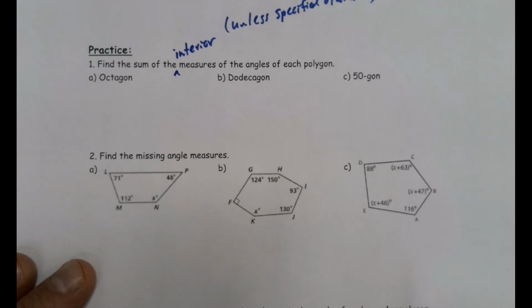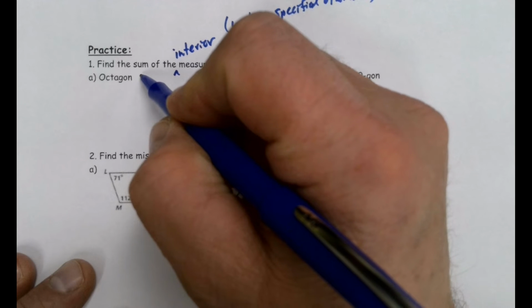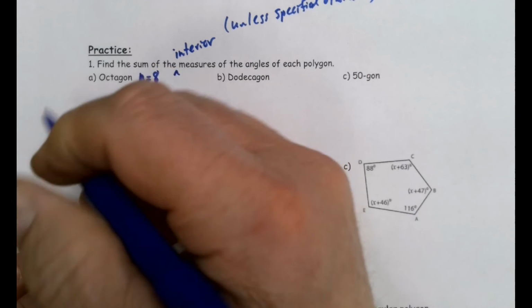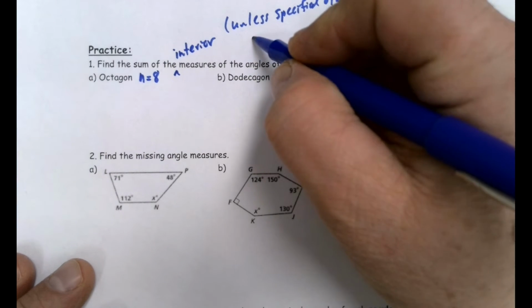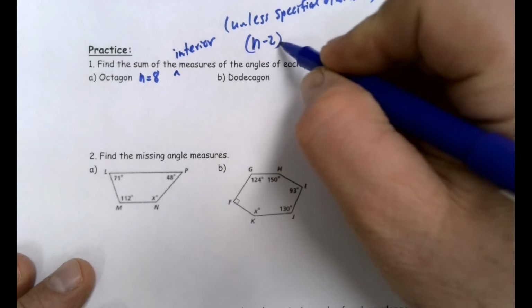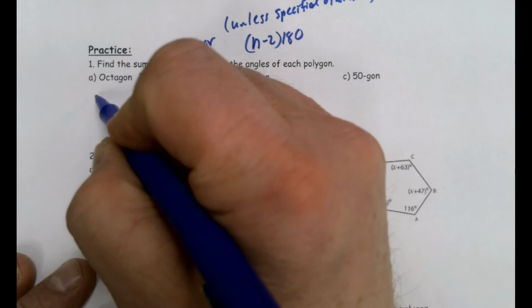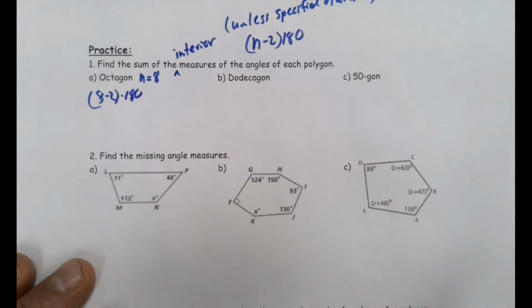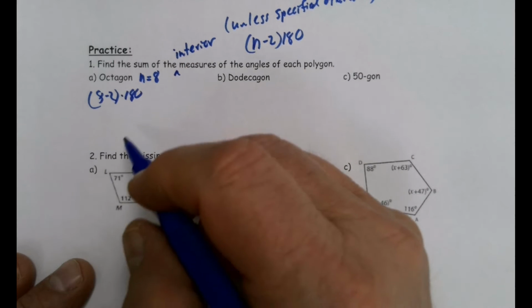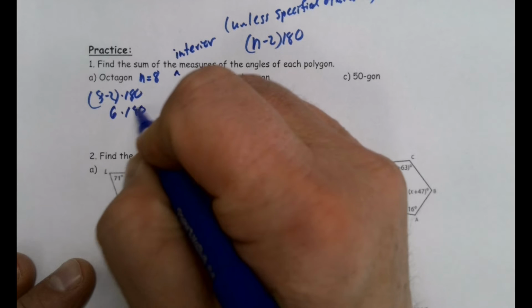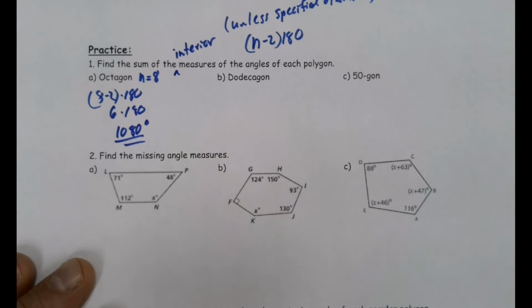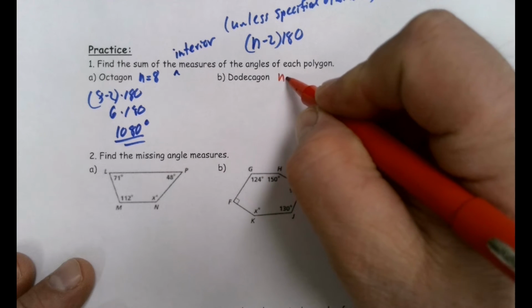Octagon has 8 sides, or n equals 8. Remember, the interior sum is n minus 2 times 180. So I'm going 8 minus 2 times 180. That's 6 times 180, which is 1,080 degrees. Dodecagon, n is 12.